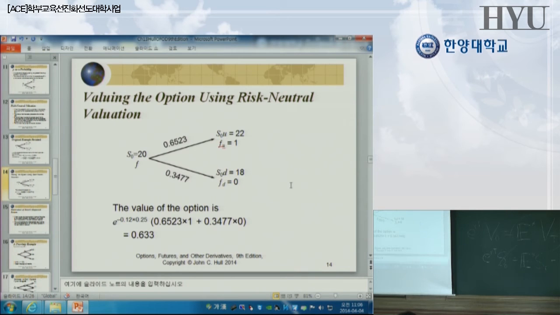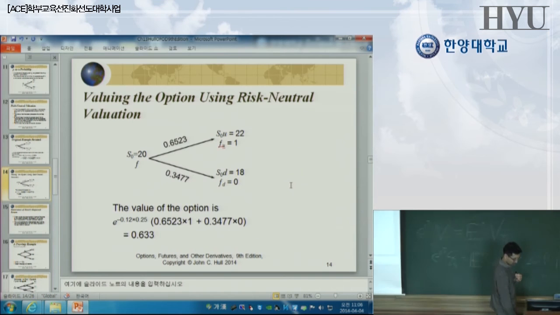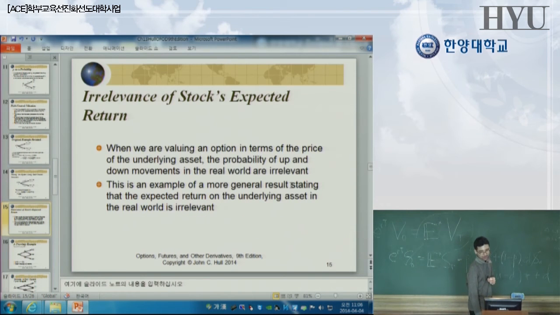The payoffs are 1 and 0. So the expected value is simply probability 0.6523 times the payoff, and then we discount it back to the present. The price is 0.633, exactly the same price. And it should be exactly the same. Very simple. It cannot be easier.